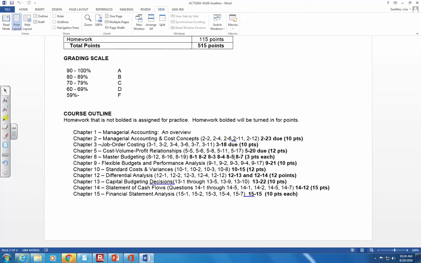I'll assign a series for each chapter, and we go over every single piece of homework I assign. All of those are not for points. Those are your pedagogical tools. That's how I help you learn the concepts. Then the next day, the one for points will be due. So you get the day of practice where we all go through everything, and you have an opportunity to ask tons of questions.